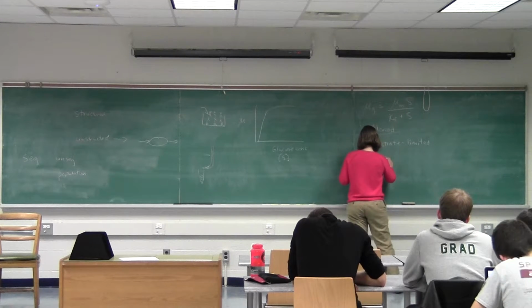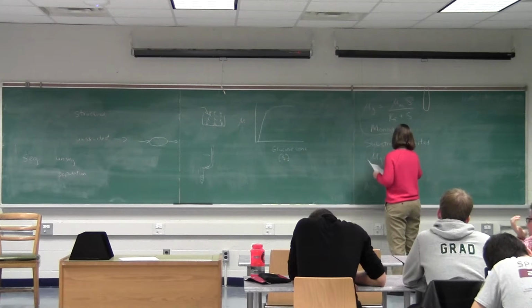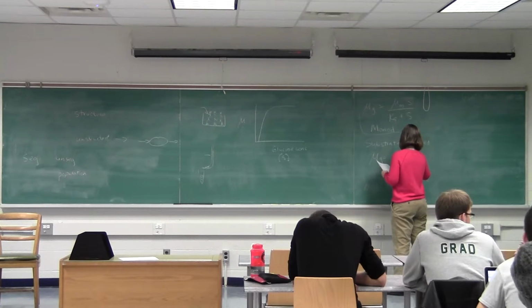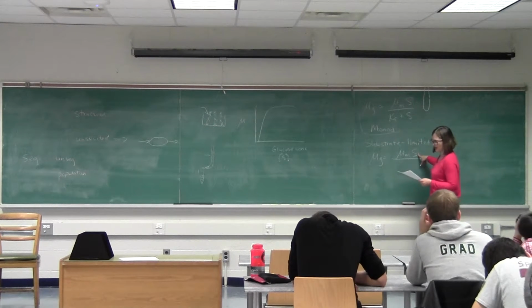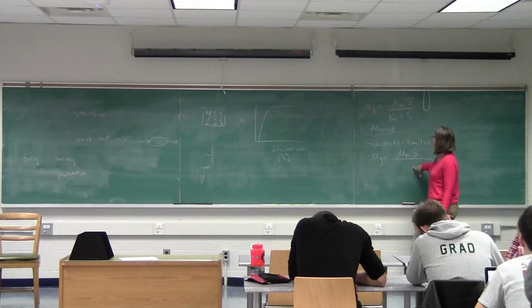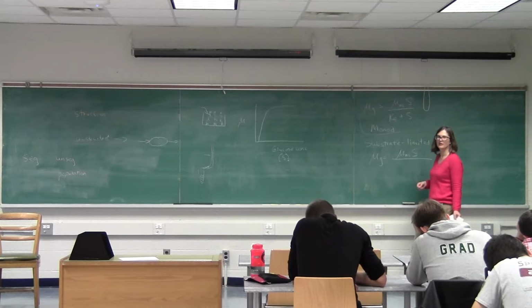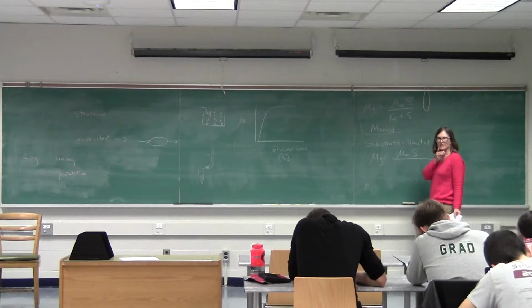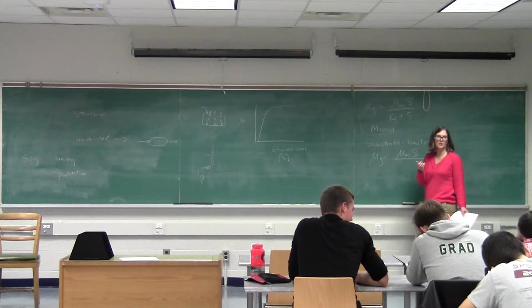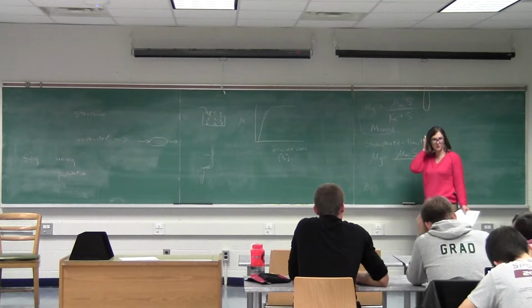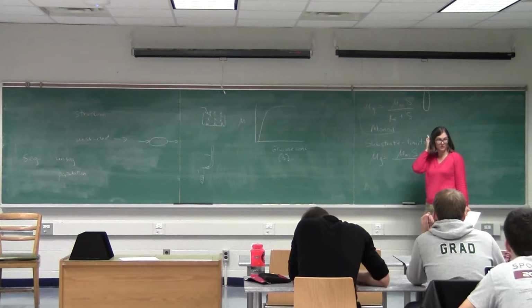in that case, we've still got the mu-m and the substrate on top. What would you expect to be different on the bottom? You could have, and actually in some substrate inhibited, we're going to come to a different substrate inhibited model where you do.